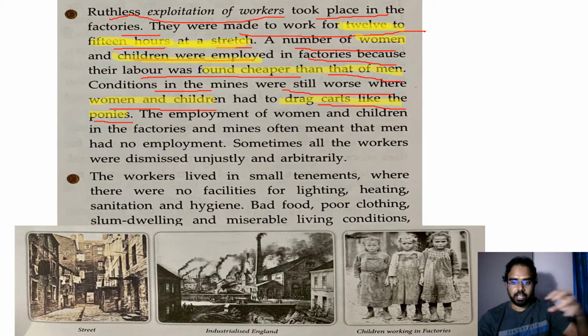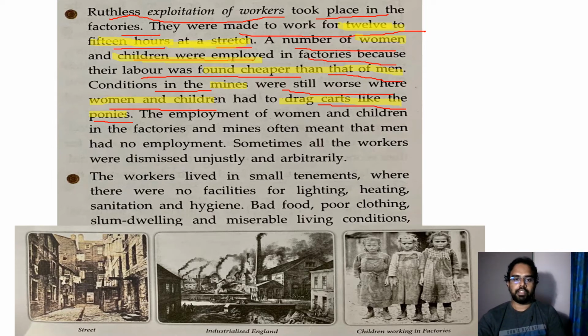You might have seen small horses carrying carriages, goods and other things. Inside the mines, especially the mining areas, children and women were taken inside, and all the mined material they used to keep in a small cart and ask the children and women to drag it from the mining areas.